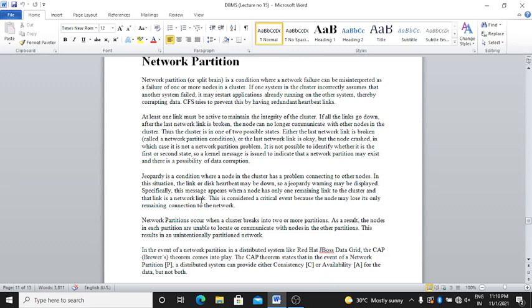Especially, this message appears when a node has only one remaining link to a cluster and that link is a network link. This is considered a critical event because the node may lose its only remaining connection to the network.